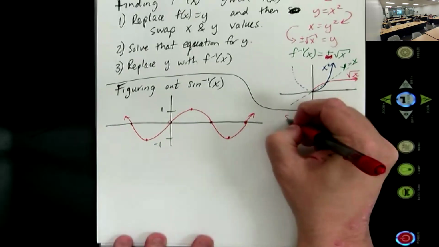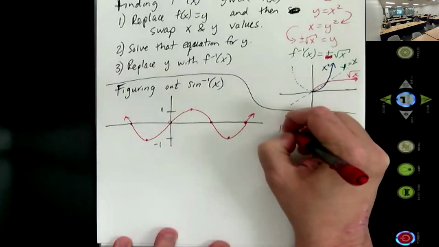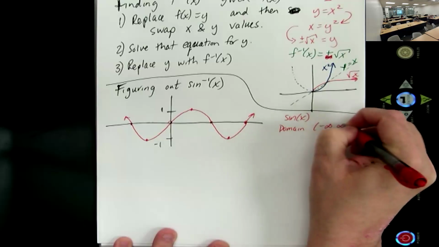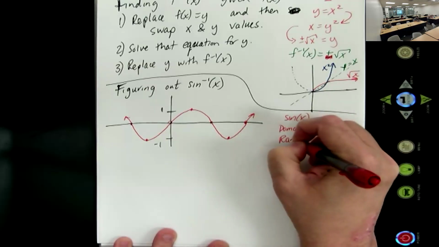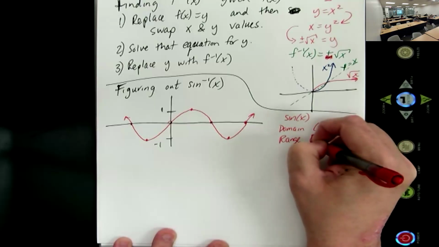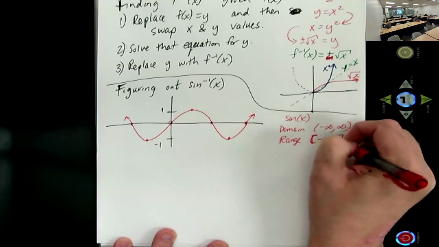So sine x, its domain is infinite, and the range is including -1 up to +1.